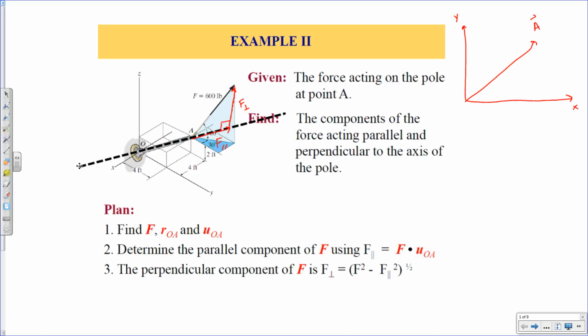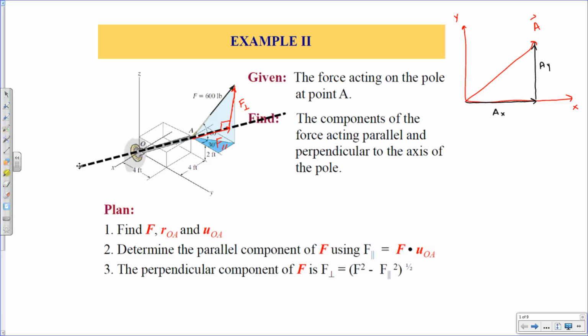Consider this vector A, like so. Well, I know from experience that this vector A has a component along the x-axis that looks like this, and it has a component along the y-axis that looks like this.